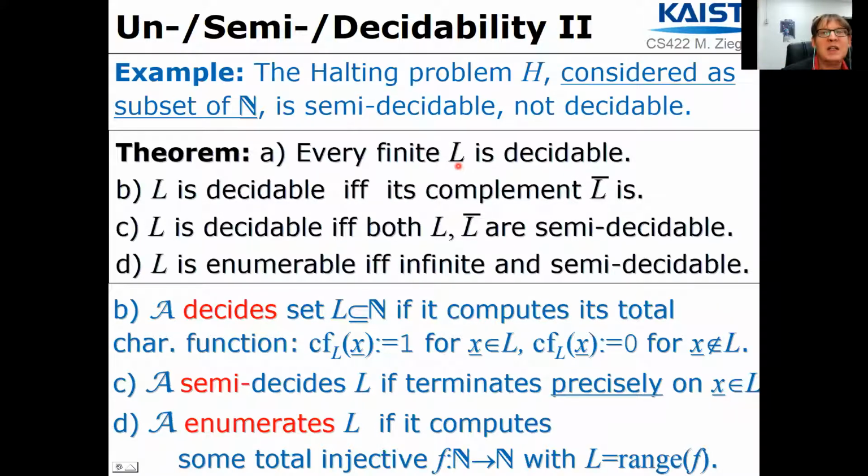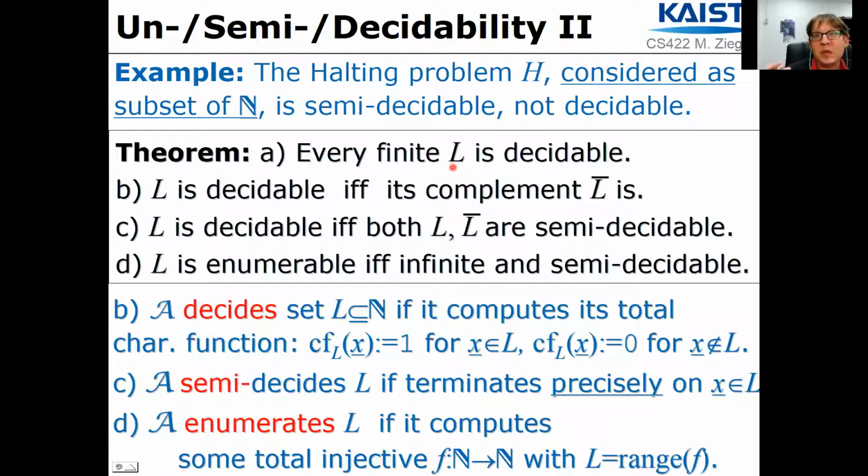Remember that the set L is fixed. It's finite. It can be very large, but it's finite and it's fixed. And therefore, in principle, it can be hard-coded into the source code. And then the source code receives an input, a natural number. Let's call it X. And then has to check whether X belongs to L or not.